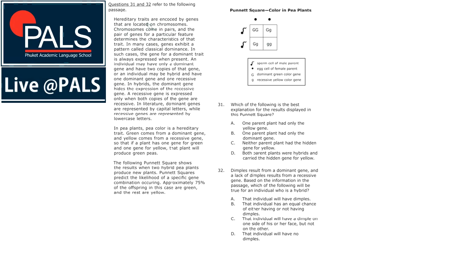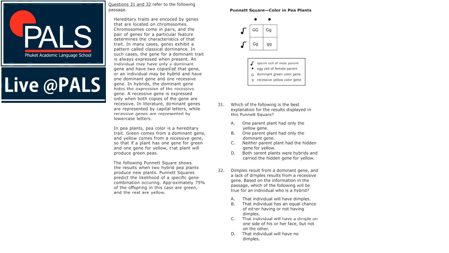Heredity traits are encoded by genes that are located on chromosomes. Chromosomes come in pairs, and the pair of genes for a particular feature determines the characteristics of that trait. In many cases, genes exhibit a pattern called classical dominance. In such cases, a gene for a dominant trait is always expressed when present.